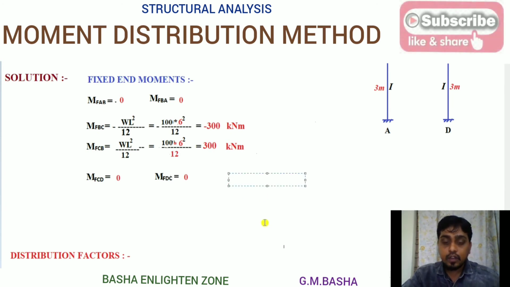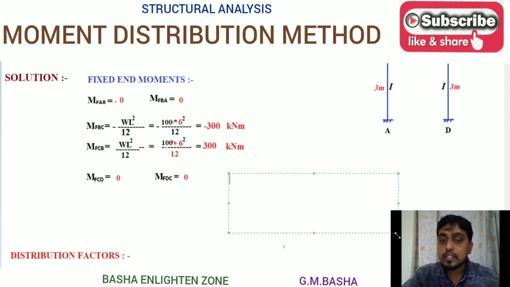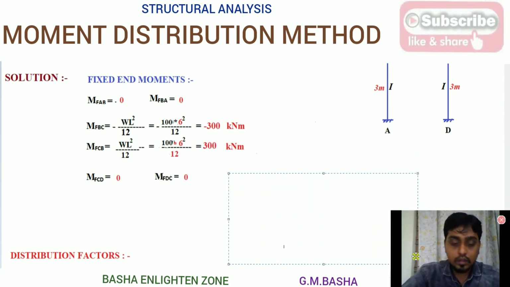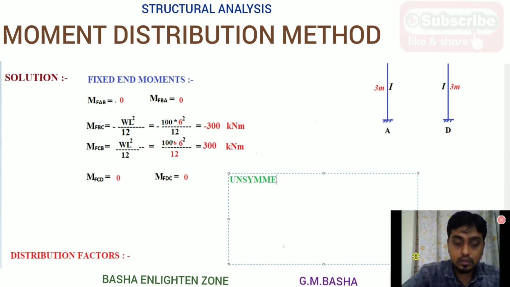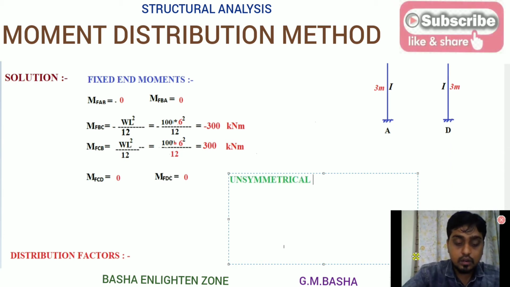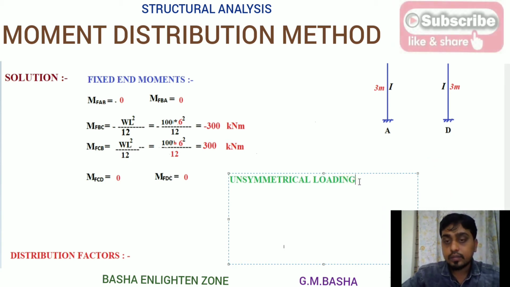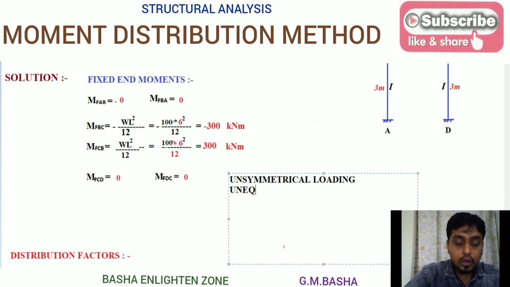See here, our first condition for sway analysis is unsymmetrical loading. Then unequal heights of the columns.